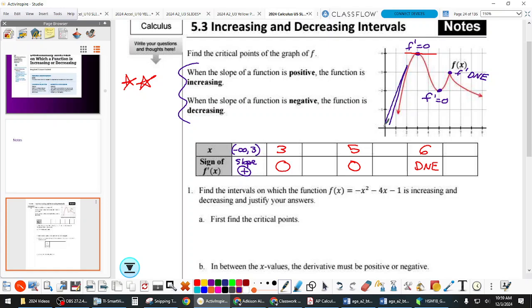So f prime would be the slope of that section. Okay? And then 3 to 5, again open interval. So between those two, what'd you say? Negative. Yep. And then 5 to 6. Positive. Good. And then 6 to infinity is negative again.